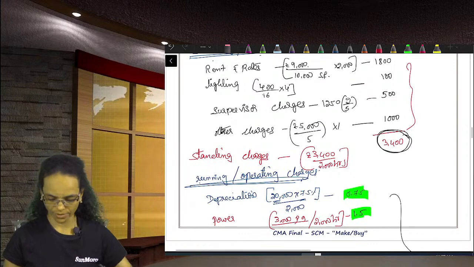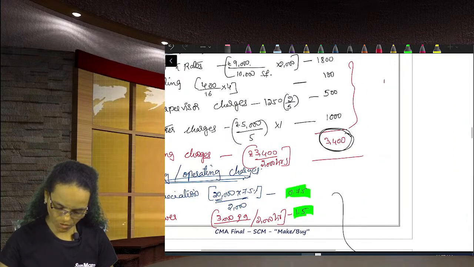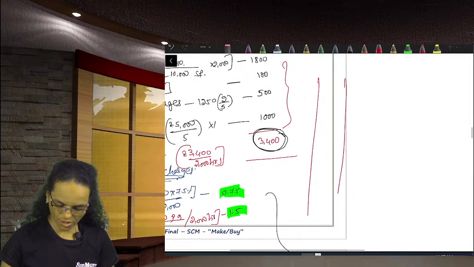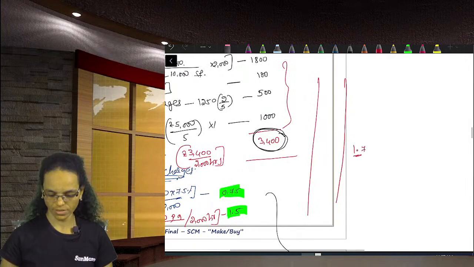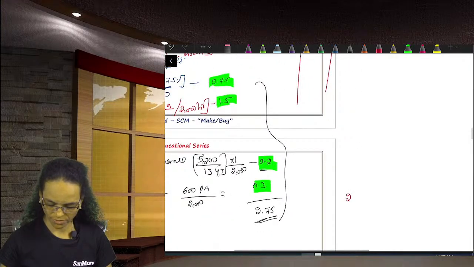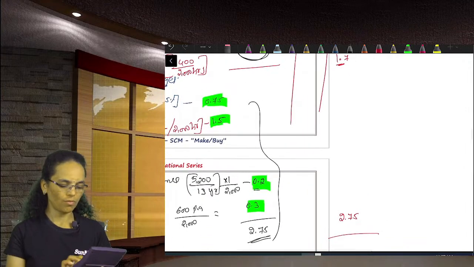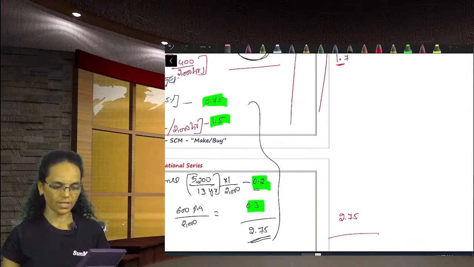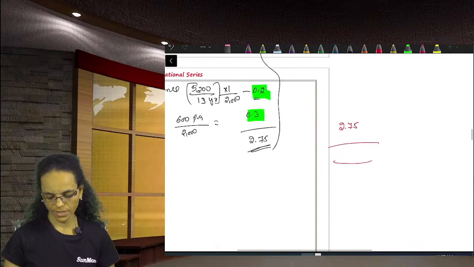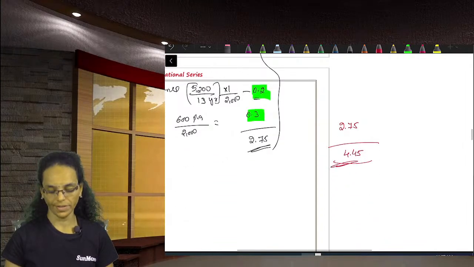Is 1.7. So all together I can write here 1.7 is the fixed cost, and this one 2.75 is the variable cost. Total 1.7 plus 2.75 is 4.45. This is the machine hour rate.